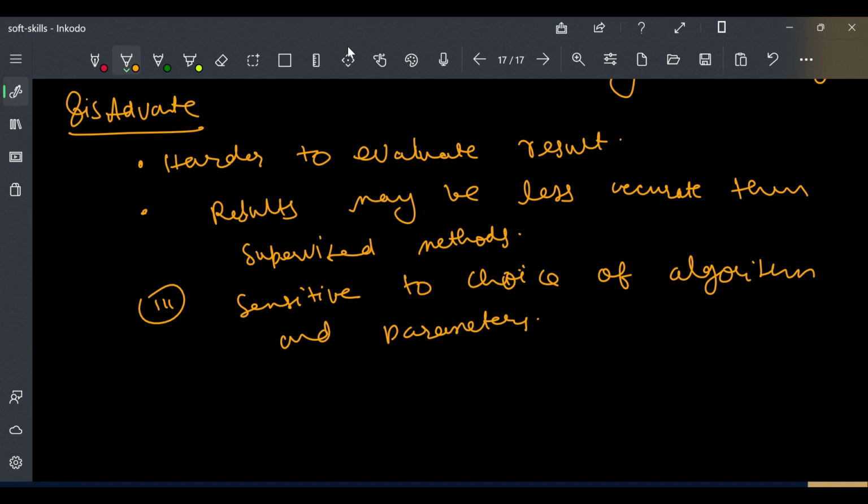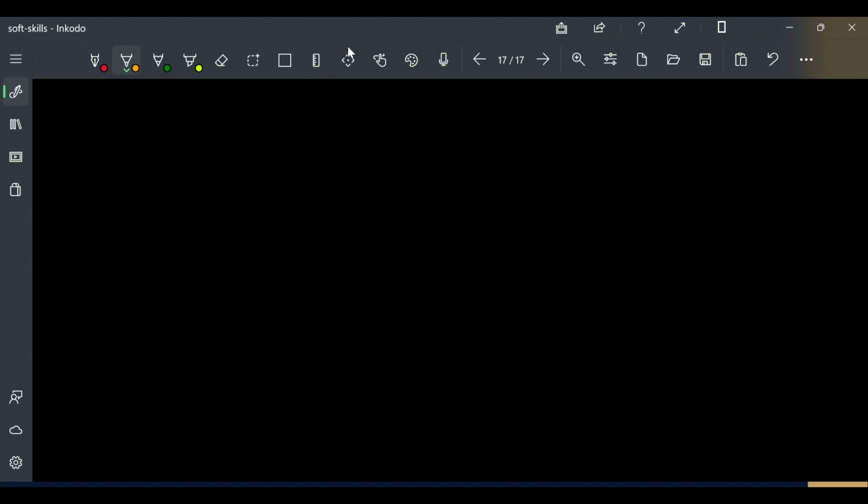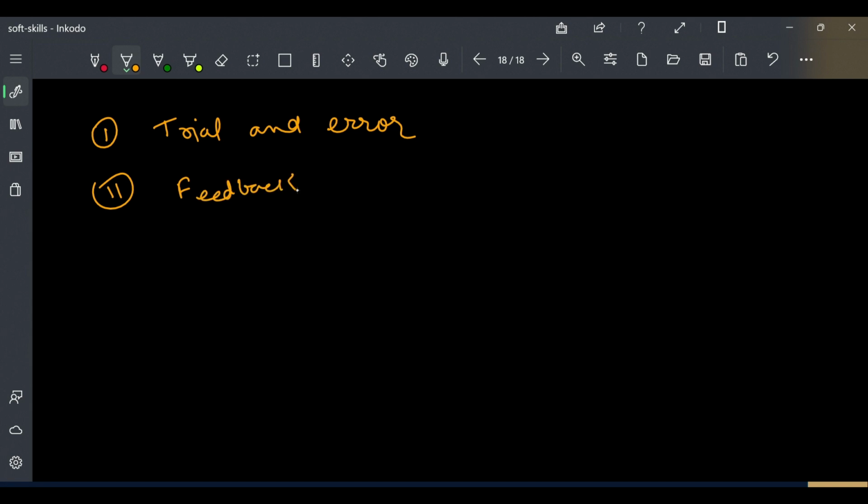So the characteristics of reinforcement learning are, first, trial and error, and second, feedback driven, and the third one is sequential decision making.